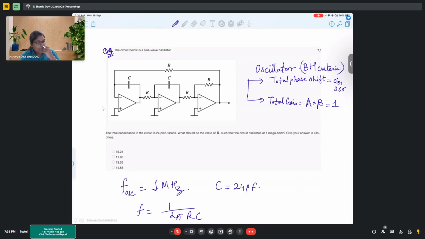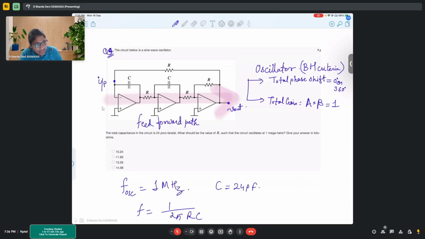Now, what I mean by total gain is, see, in this particular circuit, let's say you are providing input from this side. This is your input, this is your output. If you observe very carefully, this particular path, you are moving from input to output. We call this the feed forward path.